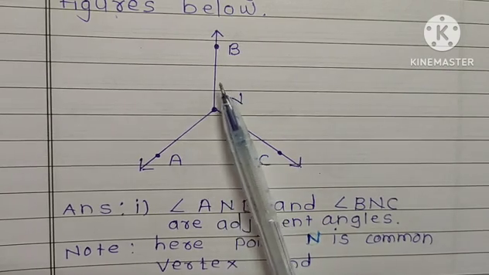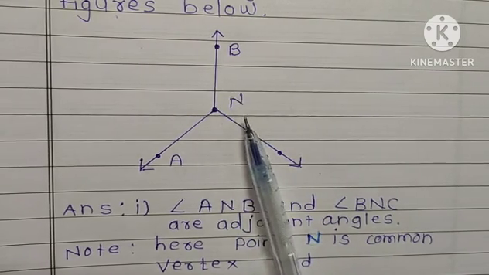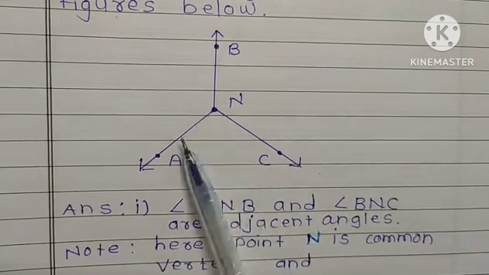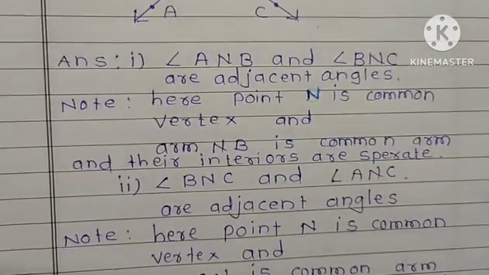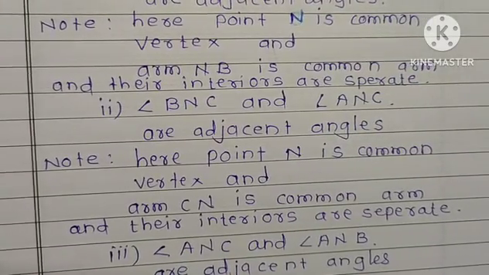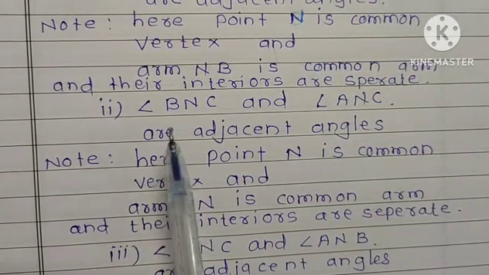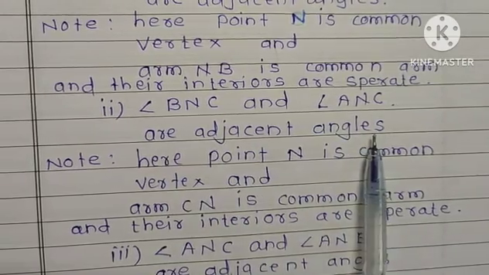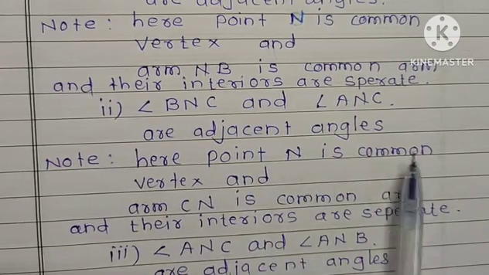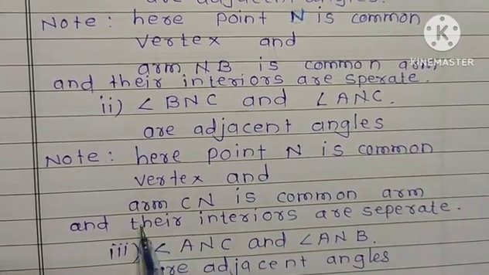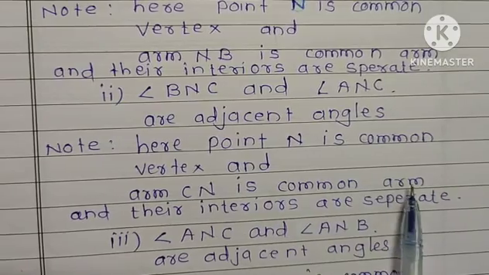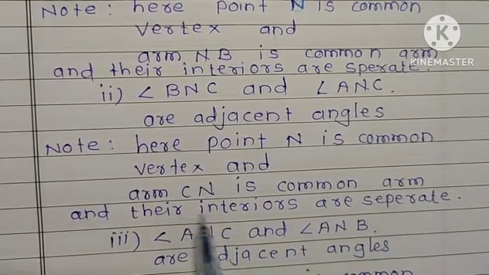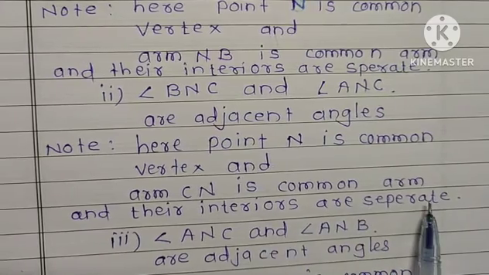Therefore, second pair: angle B and C and angle A and C. So, we write here: angle B and C and angle A and C are adjacent angles. Here point N is common vertex and arm NC is common arm and their interiors are separate.